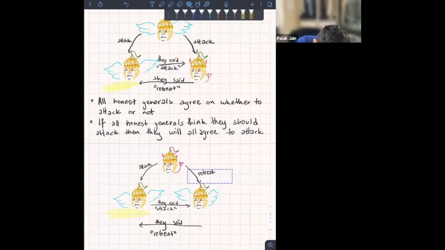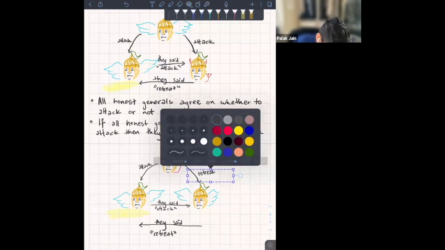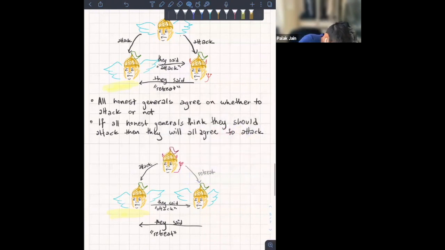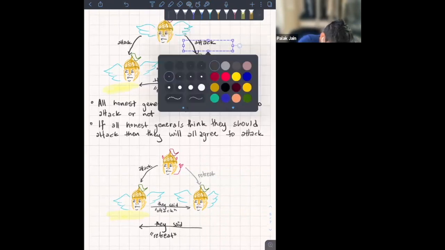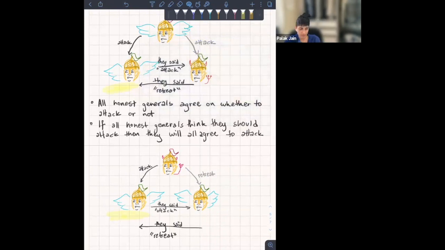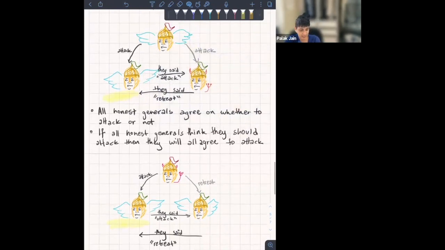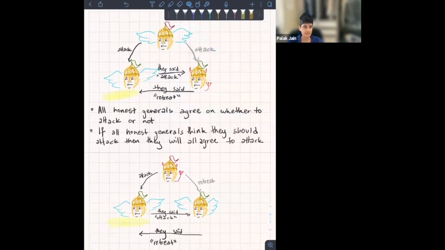And why is that? Is because they're not seeing this message, right? So they can't tell who is lying. This message is kind of hidden to them because it's between two parties, neither of which they are. So what's happening is they can't tell who is malicious, and so they can't make sure that they agree with the honest party. Consensus is difficult to get or not possible to get unless we have an honest majority.